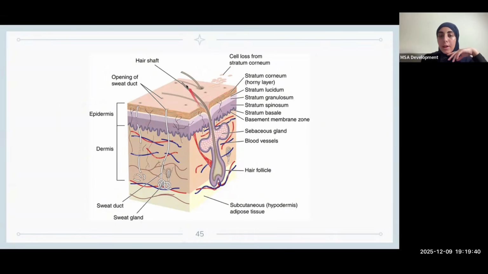Here we have a hair shaft inside the hair follicle. The hair follicle is the home of the hair shaft. And over here we have sebaceous glands, just right beside the hair follicle. So again, subcutaneous fat, dermis, epidermis, stratum corneum, the hair follicle with the hair shaft, and sebaceous glands.